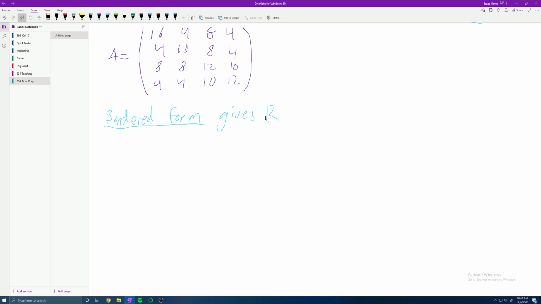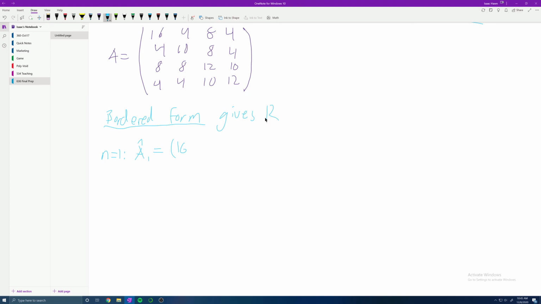So for n equals 1, a 1 by 1 matrix, we have that A hat 1 is 16.